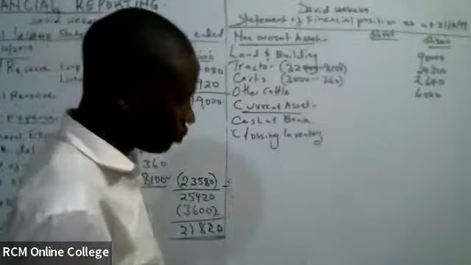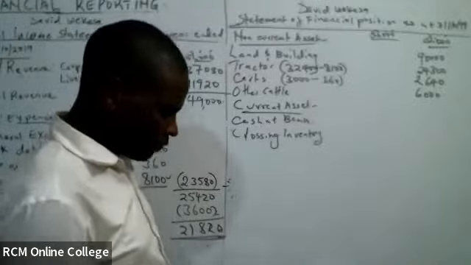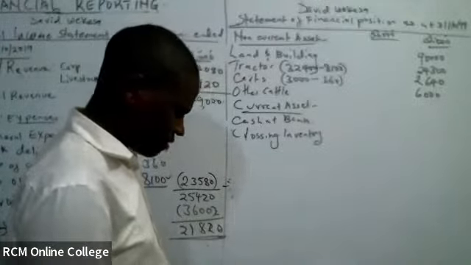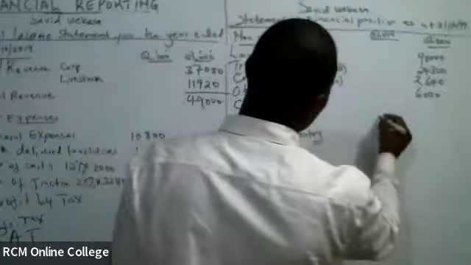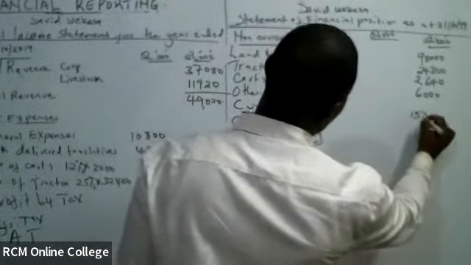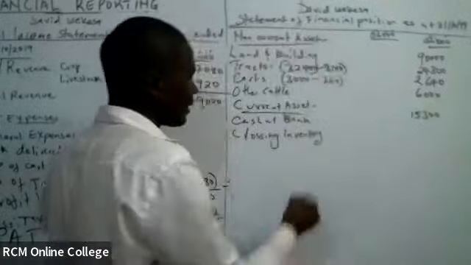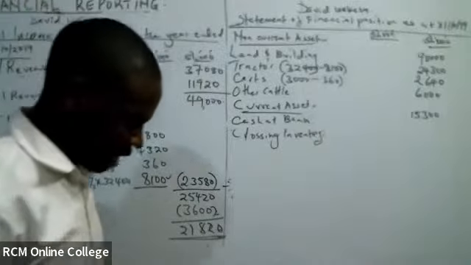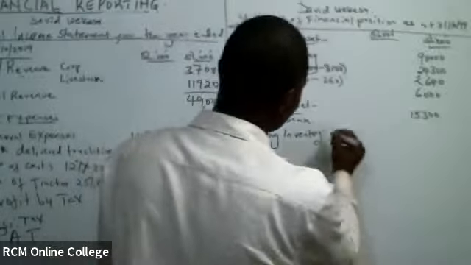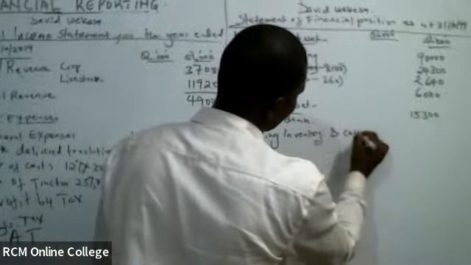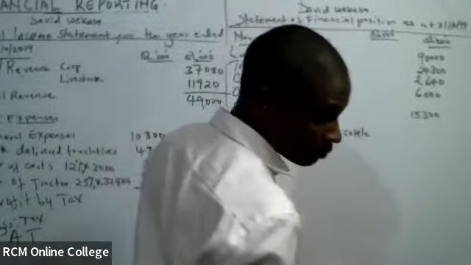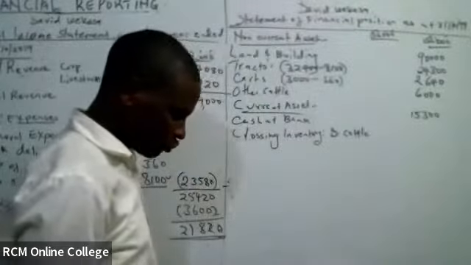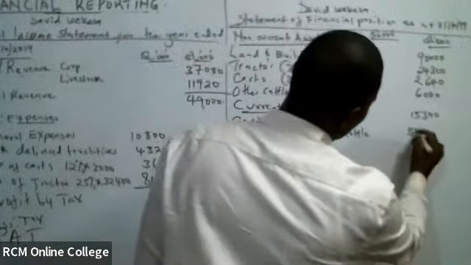Our bank is how much? 15,300. So item by item, we start putting the closing inventory here. Dairy cattle: how much? 54,000.